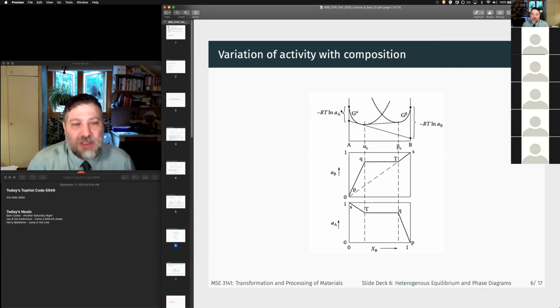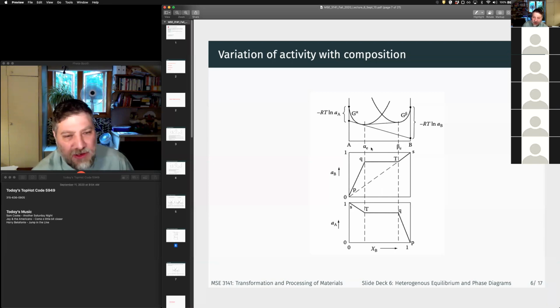Okay, so if we look here, this figure is not as important, right? But there's a thing I want to point out that may help you understand.